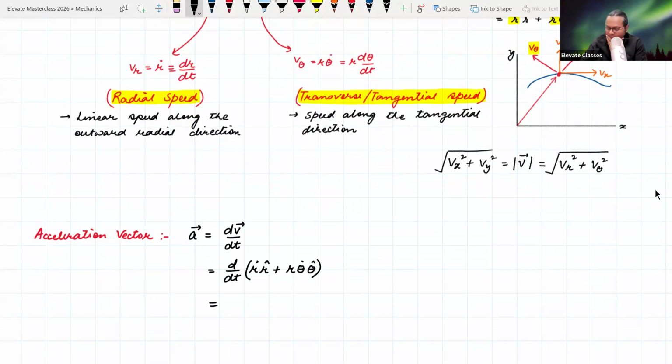So now if I do the time derivative, this is going to be d2r upon dt2 r cap, right?